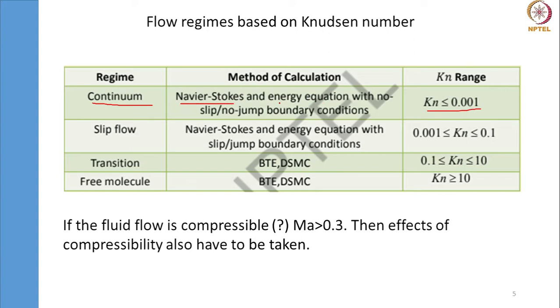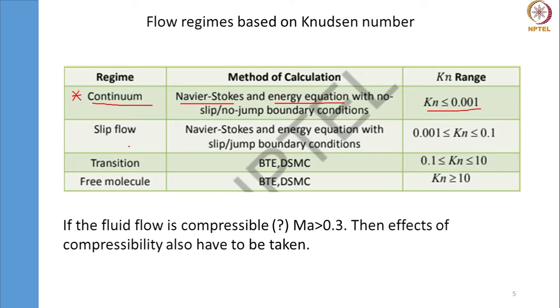Also, the energy equation can be applied for this kind of flow with no slip boundary conditions and no jump boundary conditions. We have been discussing this regime in most of our classes, but in the case of micro heat exchangers, we are not sure about the regime a priori.